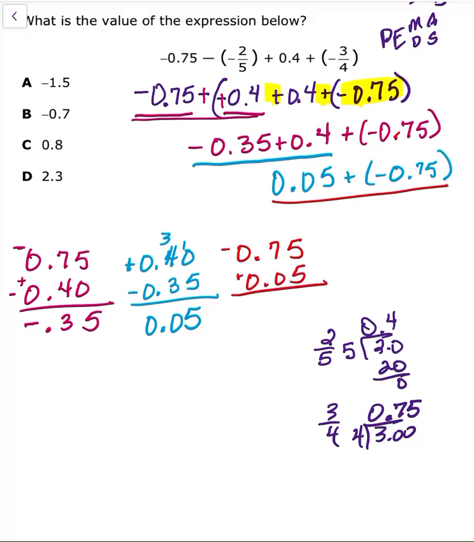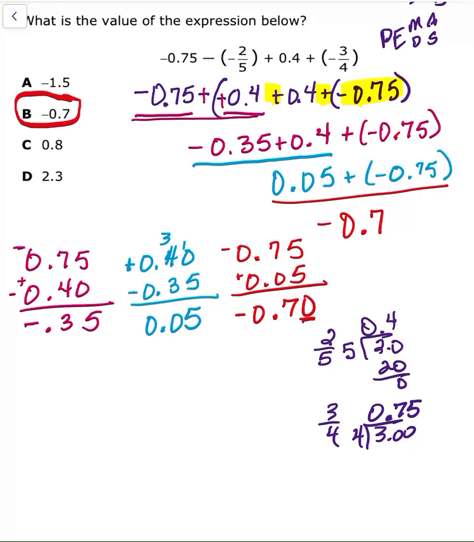So we subtract. And there's more negatives, so our answer is going to be negative. Remember, we don't have to put that 0 because it's unnecessary, right? It's just saying that we have 0 hundredths, so we don't need to put that. So our answer is B.